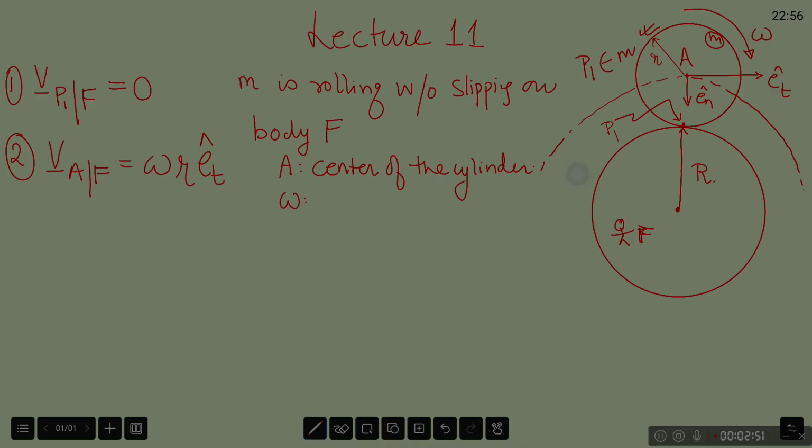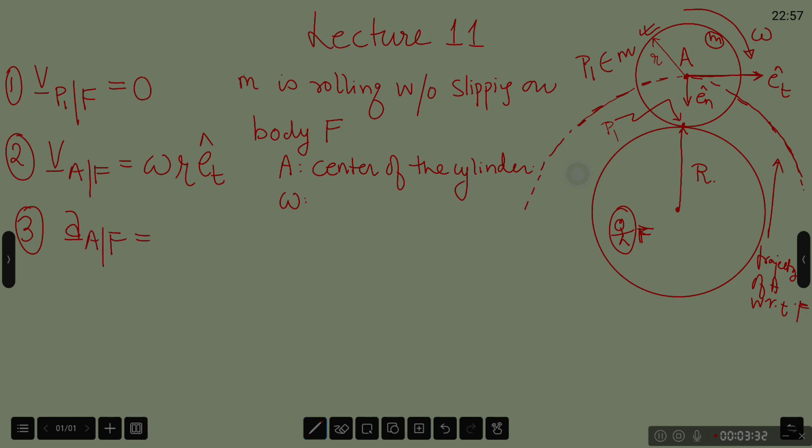Et is of course the local tangent unit vector to the trajectory of point A at this shown instant, and this broken line is denoting the trajectory of point A as seen by this observer fixed in F. This is the trajectory of A with respect to F. We also found that the acceleration of point A with respect to F turns out to have two components.